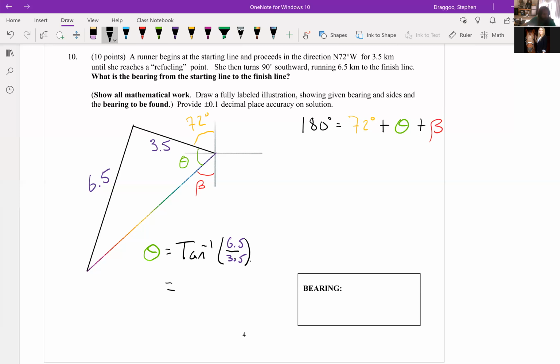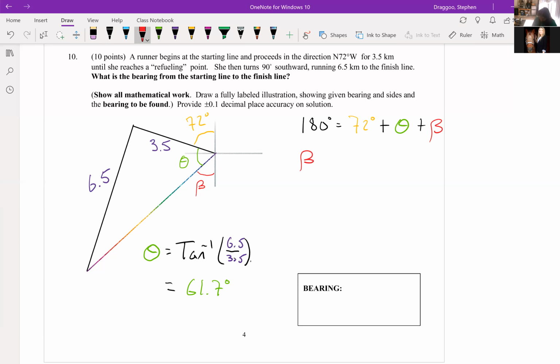We'll end up with a number right there. I got 61.7. So 61.7 degrees.